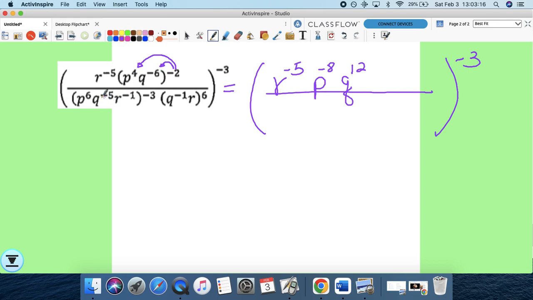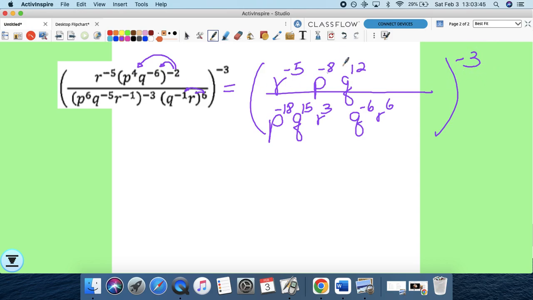So this whole parenthesis is being multiplied by itself 3 times, or p to the -18th, q to the +15, because it's -5 times -3, and then r to +3, because again it's -1 times -3, negative times negative. Now the 6 also applies to the same thing, so I get q to the -6 and r to the 6.